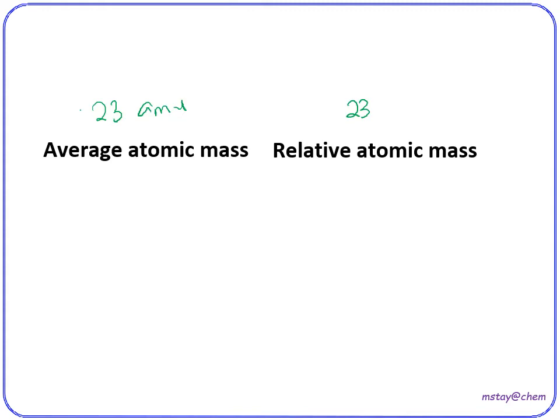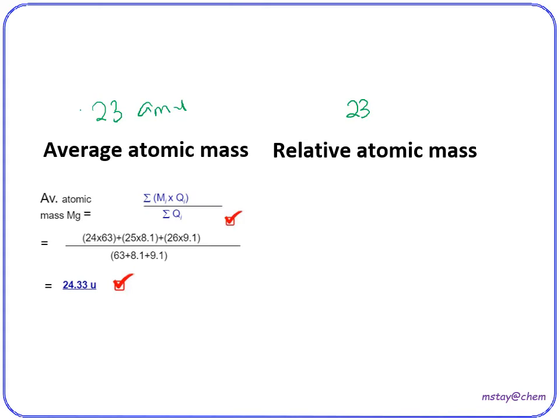Like the previous slide, the formula to find the average atomic mass is the sum of QiMi over the sum of Qi.